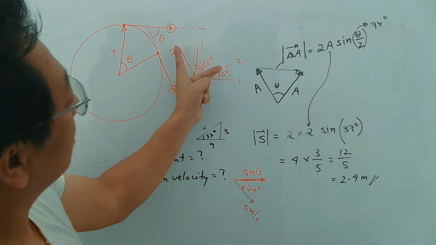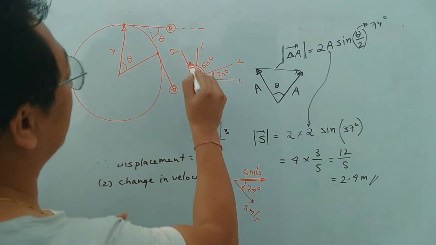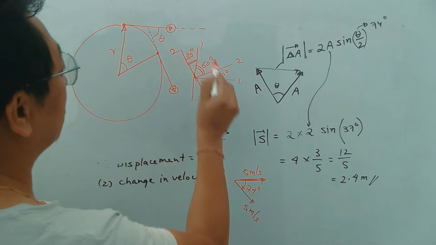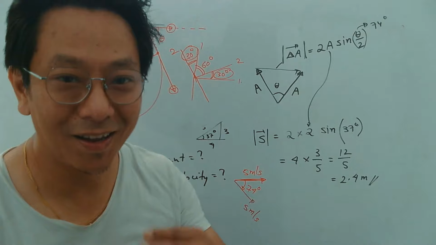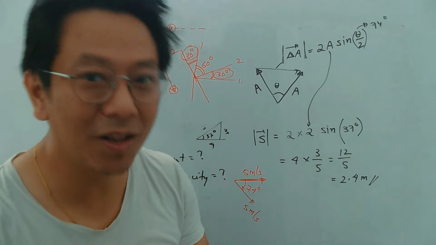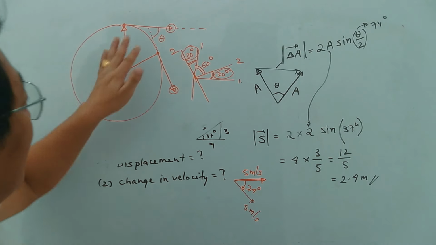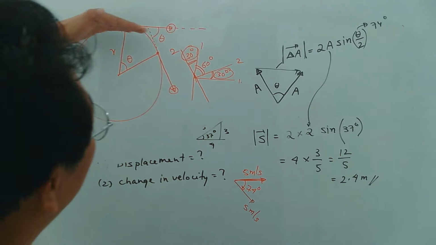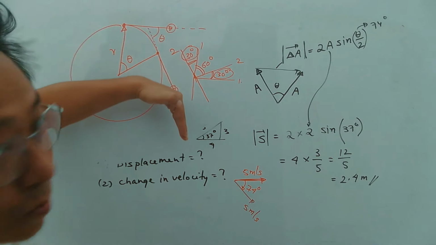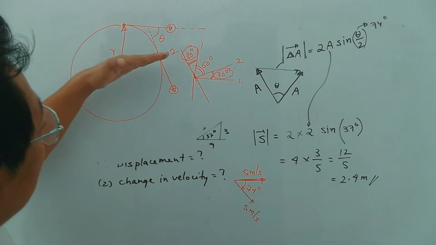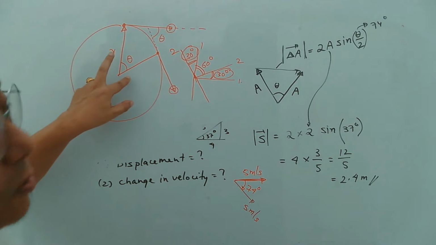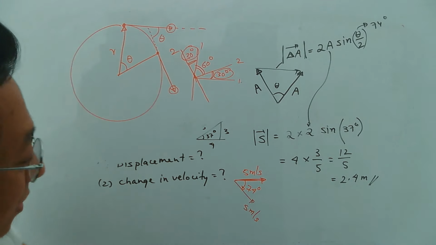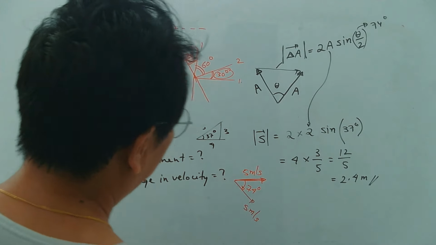This is also 90, so if this is 60, this part will be 30. So this angle and this angle must be the same. So if two lines make angle theta, their perpendicular lines will also make angle theta. Therefore, this velocity and this velocity, which are perpendicular to this radius and this radius, will make the same angle as the angle between the two radii. Okay. So this angle will be 74.